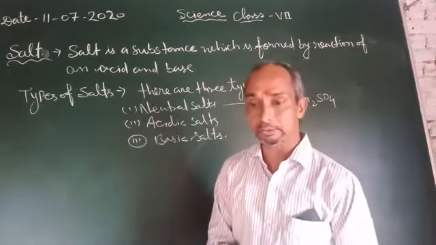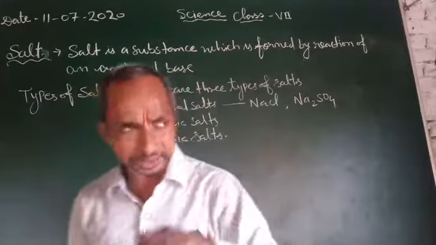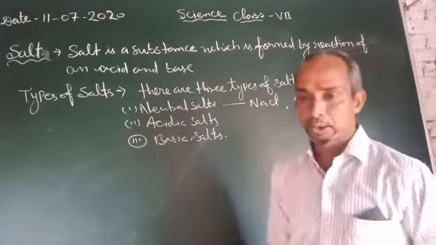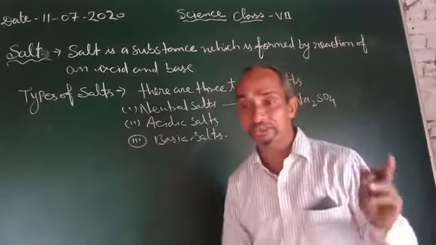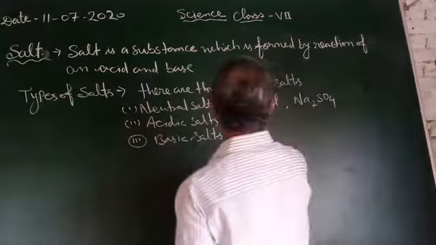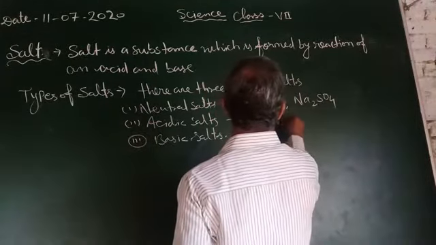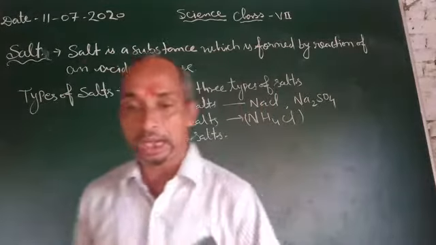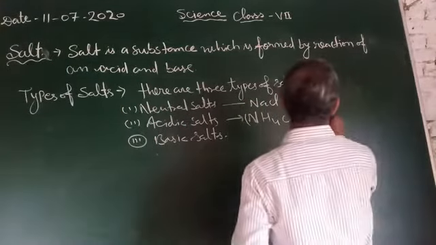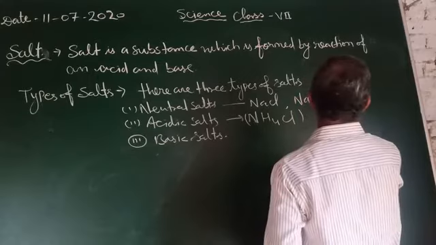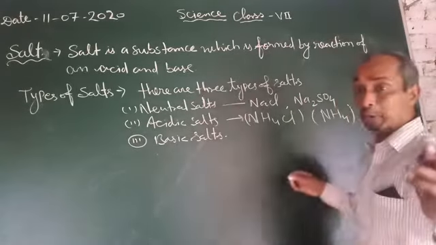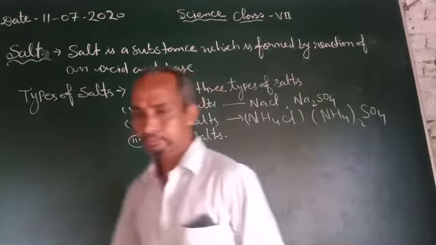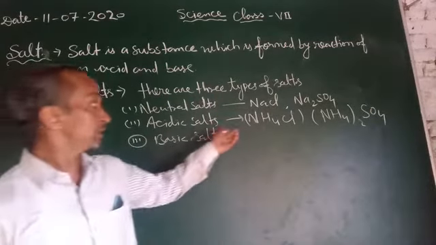And when it forms a basic solution, it is a basic salt. Examples of acidic salts: NH4Cl, ammonium chloride, and ammonium sulfate, (NH4)2SO4.